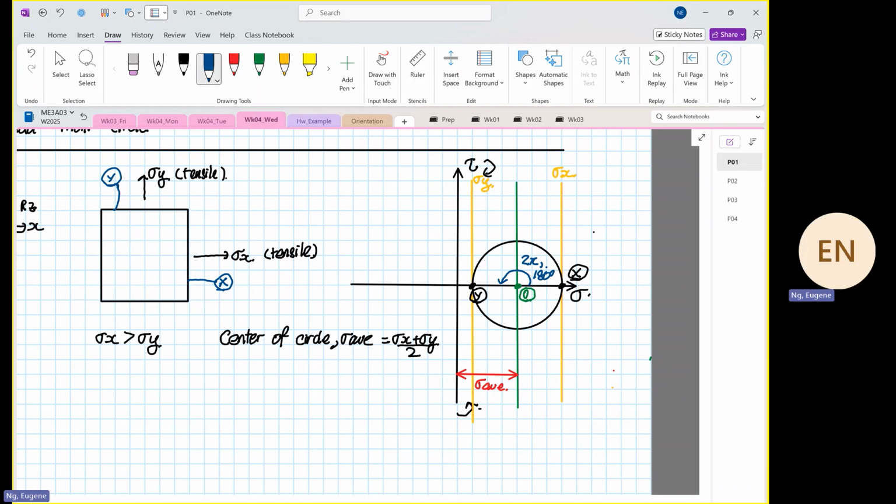I repeat, if you look at point X to point Y, it is 180 degrees, not 2 pi, sorry, I do apologize. It's pi, okay? It's 180 degrees or pi rotation about point O, and it's going to go in a counter-clockwise direction.